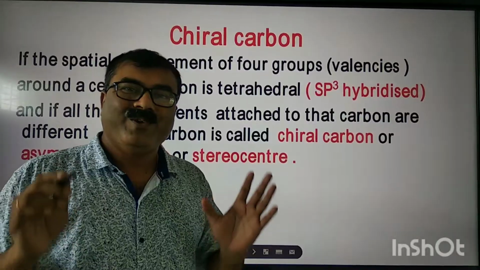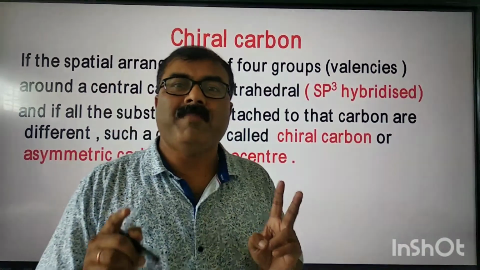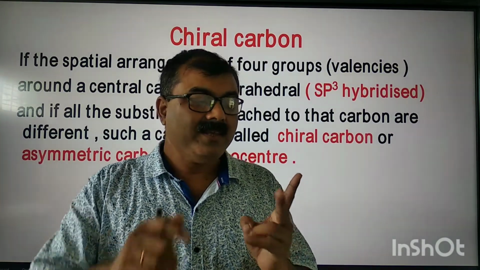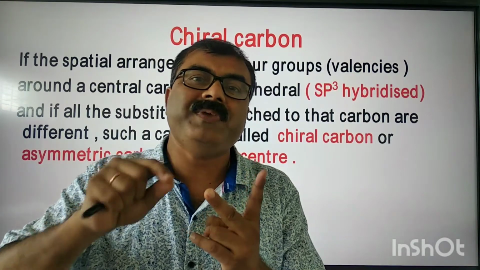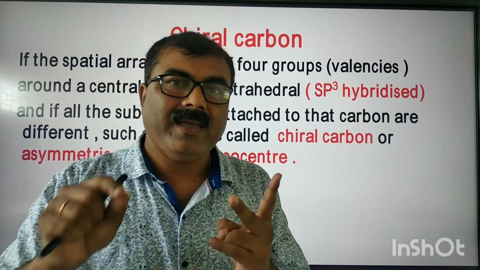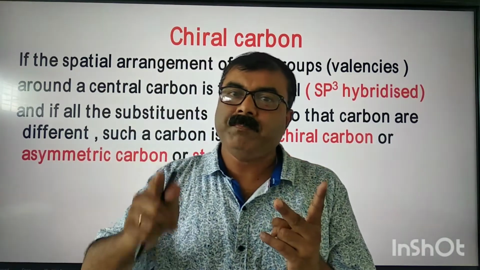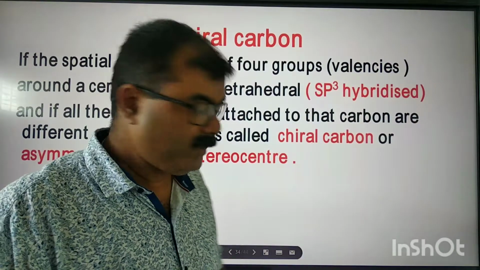So, my dear student, to be a chiral center, it must have two conditions. One is the atom must be sp3 hybridized, and second, the atom must be linked with 4 different groups. Clear?